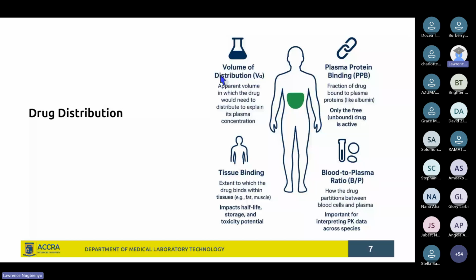But if you have the value being lesser than 1, then of course that drug is more in plasma than it is bound to the tissues, because it's a ratio. So if you have the denominator being higher, which is the plasma concentration of the drug, then of course you are going to have a lower value, which means that the drug is more in plasma than it is in the tissues.